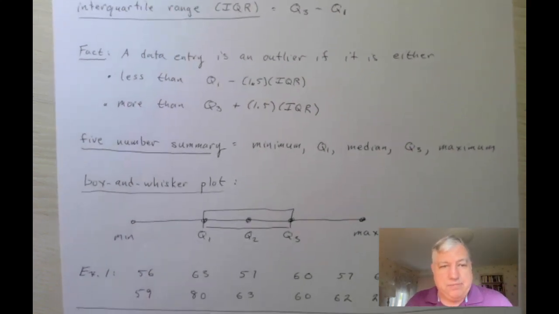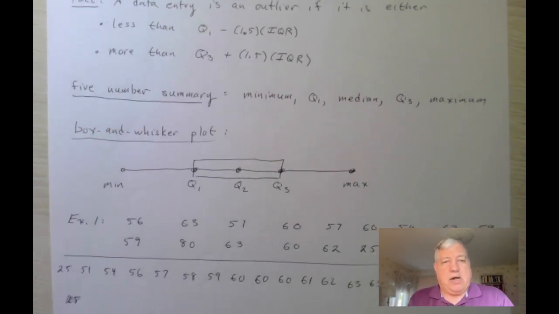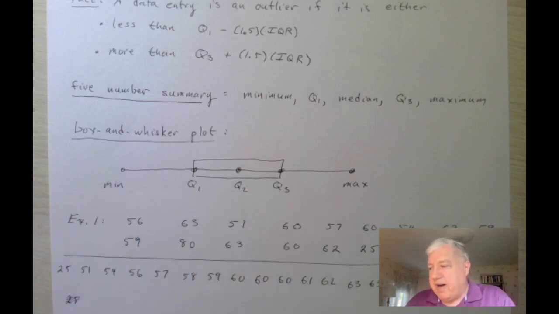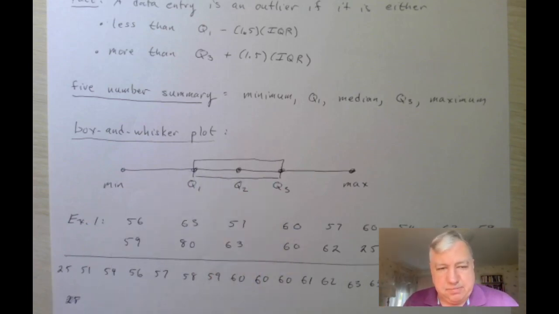All combined, these 5 numbers, the minimum, Q1, the median, Q3, and the maximum, are what we call the 5-number summary. It can also be represented by a box and whisker plot, where we plot these 5 numbers on the number line and draw a little box to indicate the middle 50% of the data entries.